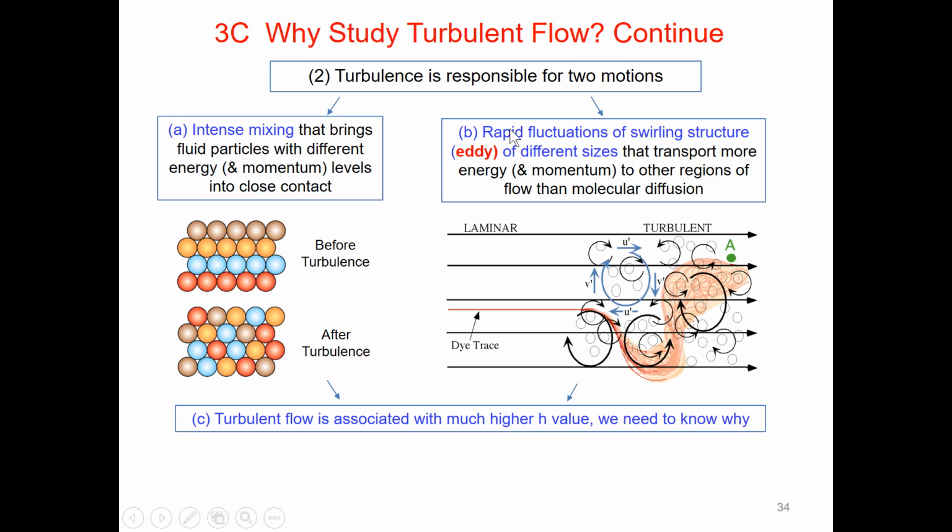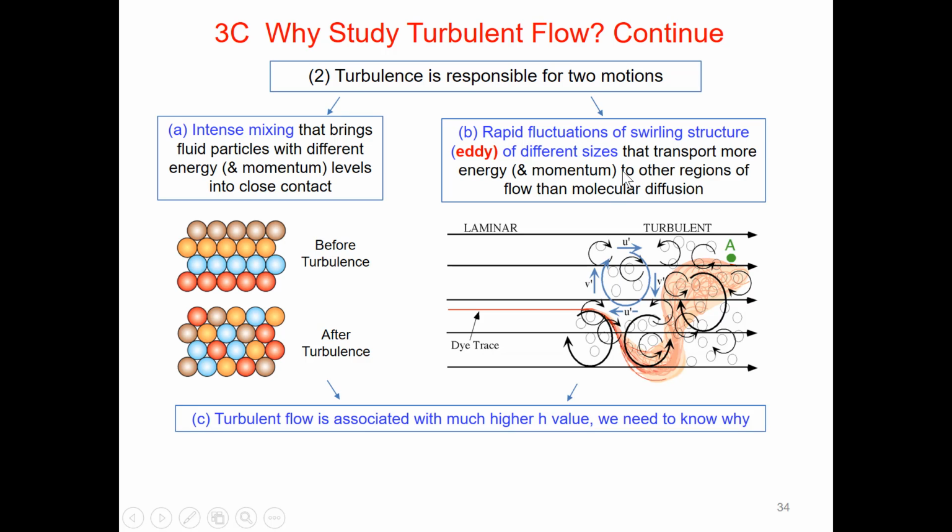The second motion that turbulence is responsible for is a rapid fluctuation created by swirling structures of different sizes, some as big as an airplane, some as small as the size of a hair. These swirling structures are also called eddies.